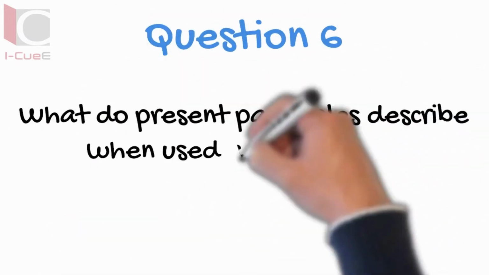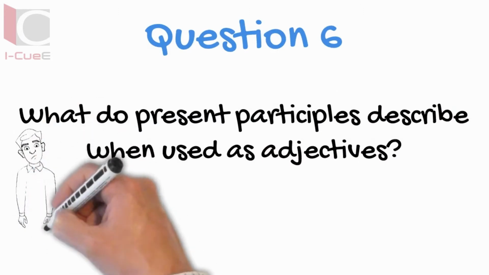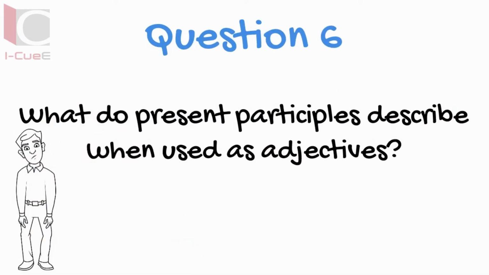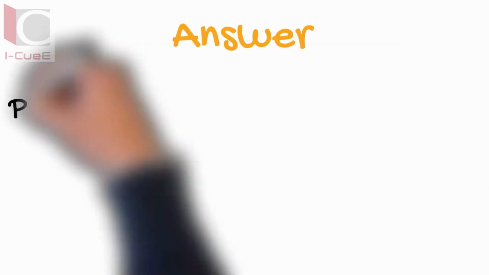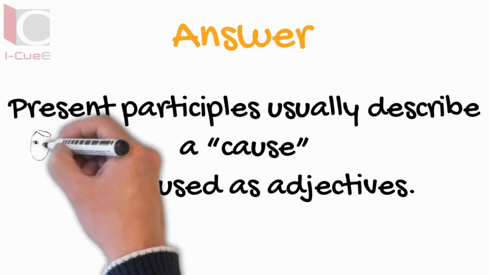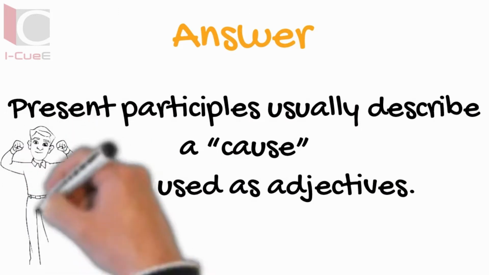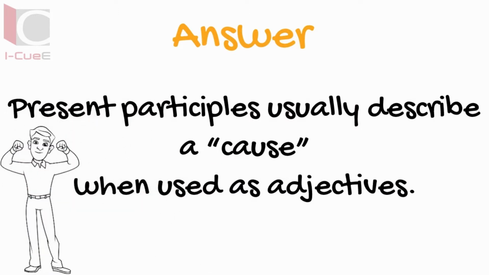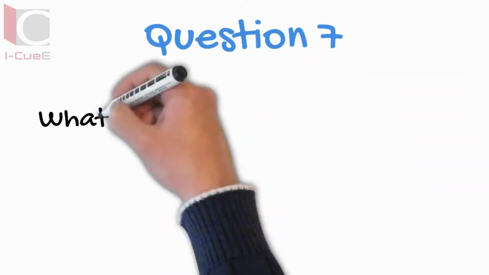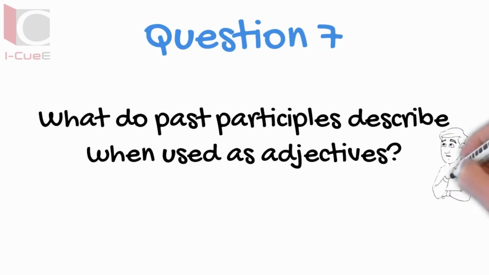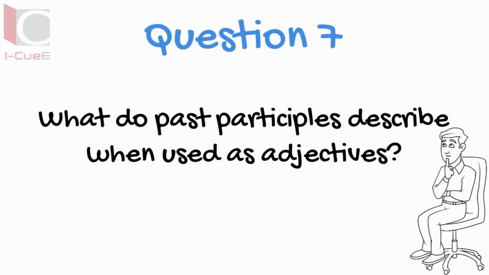What do present participles describe when used as adjectives? Present participles usually describe a cause when used as adjectives. What do past participles describe when used as adjectives?